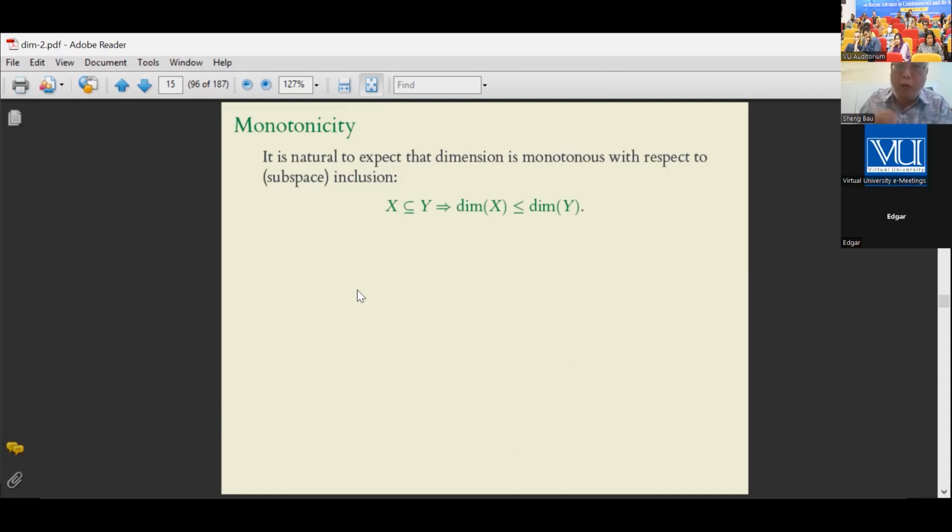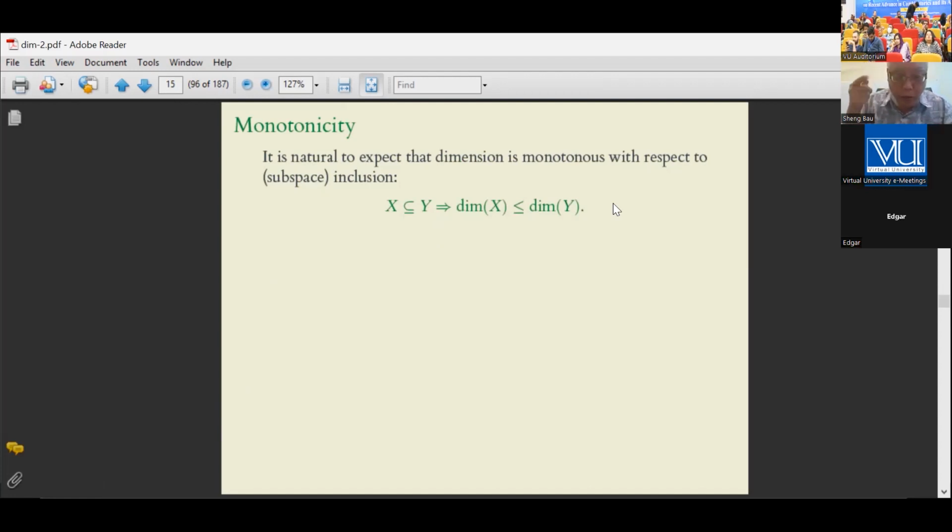If you really want to have monotonicity, the subspace must satisfy the condition of the ambient space, as well as its own intrinsic metric being the same as its ambient space metric. These two must have the same topological properties in order to talk about monotonicity of dimension.